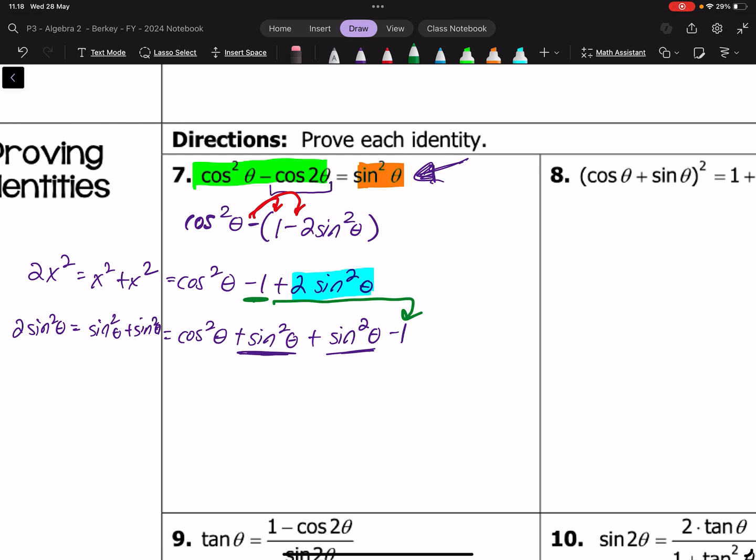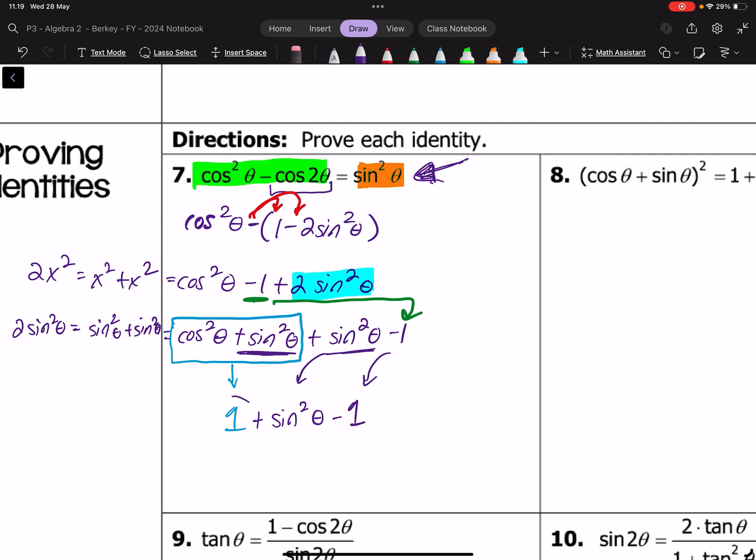How is that going to help me, though? Well, here's the gloriousness of what I just did. This right here, cosine squared plus sine squared, is a Pythagorean identity. The value of this is 1. So then I'm going to rewrite everything else. Plus sine squared theta minus 1.